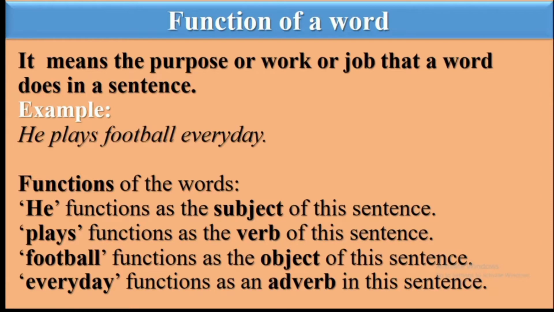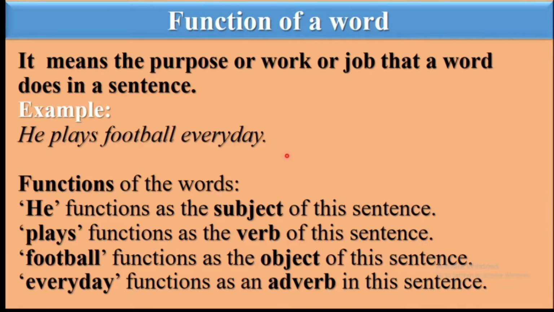Here in this example we see there are 4 words. That is, he plays football every day. In this sentence there are 4 words, and of course each of the 4 words has a particular function of its own. The first word in the sentence is he, and he functions as the subject of this sentence and it's a pronoun.